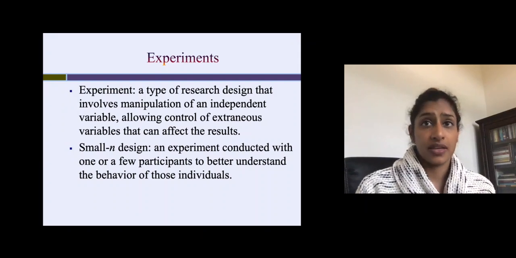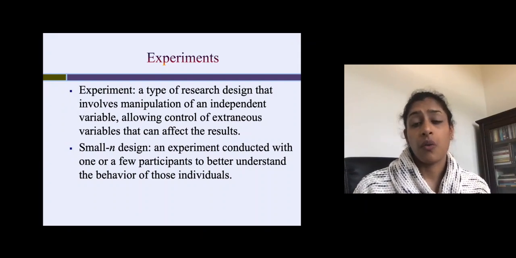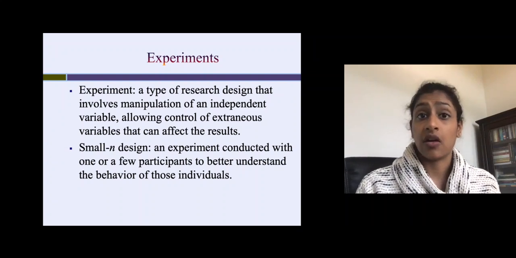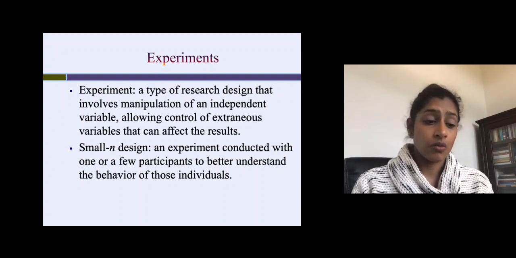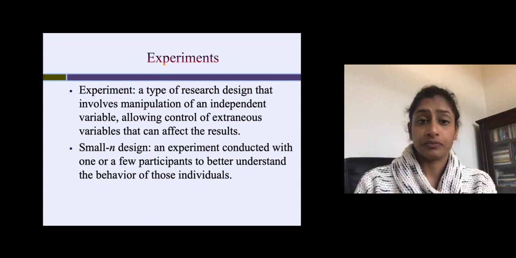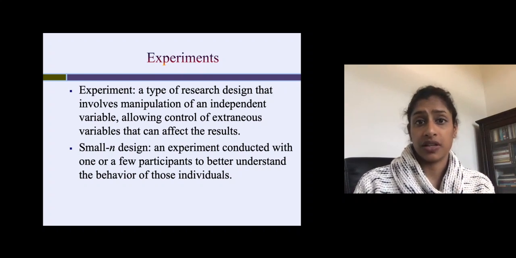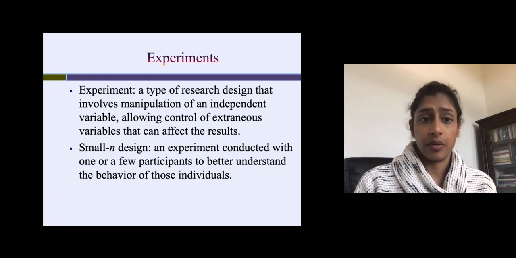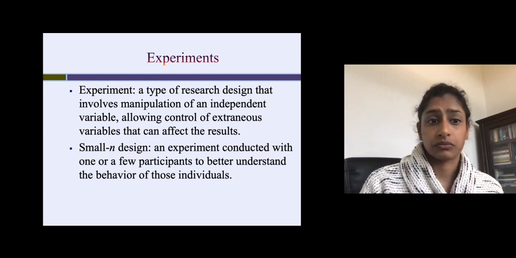By doing this, it allows us to control for other things taking place in our environment. What we're really paying attention to, the dependent variable, ends up being a result of the manipulation of the independent variable, right? So we want to see the outcome.